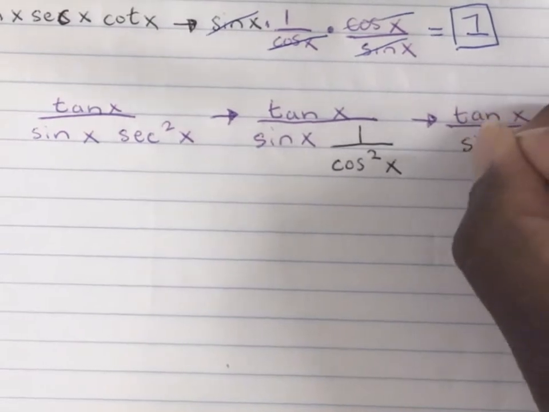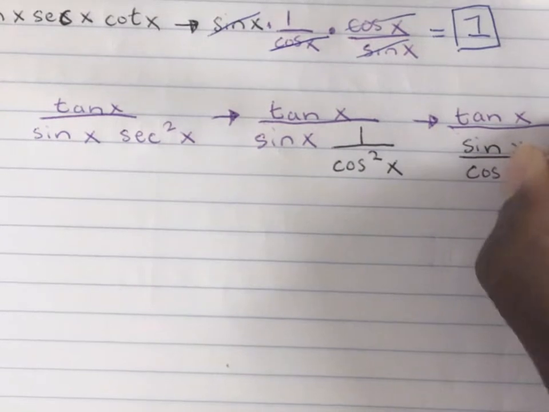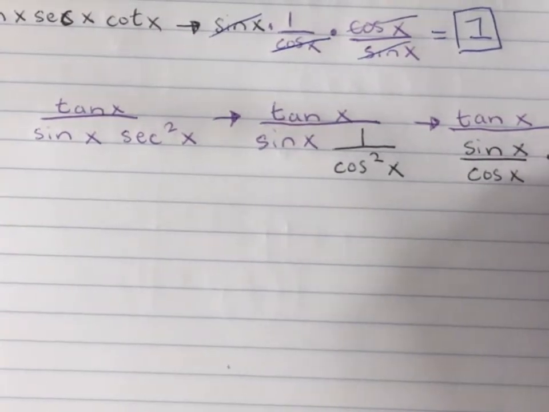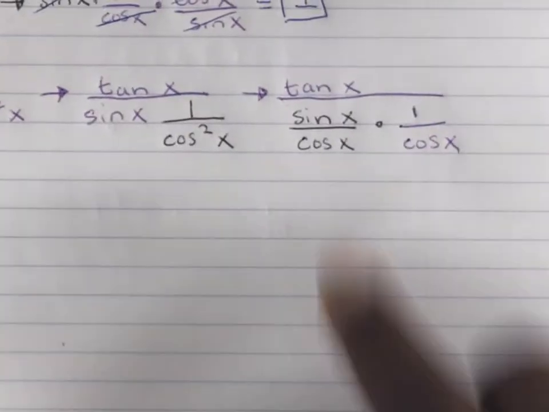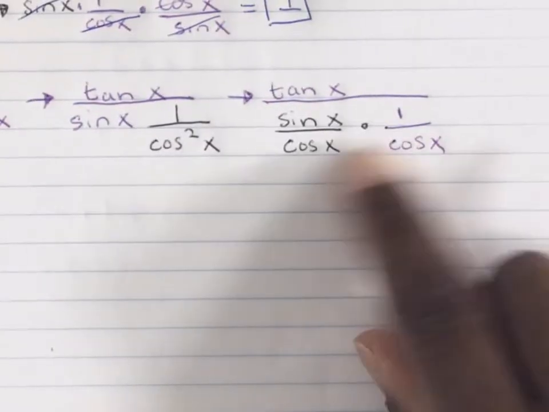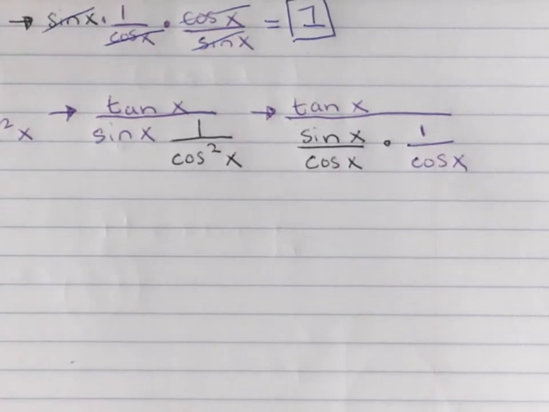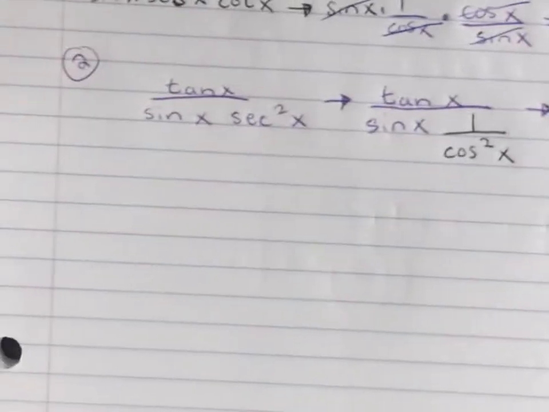I'll have sine x over one of the cosines times 1 over the other cosine of x. If I multiply these on the bottom again, I get back to cosine squared x. I wrote it like this because the quotient identity tells me that sine over cosine is tangent. So then I can do tangent, and then I think I can cross the tangents out. So let me just show that.